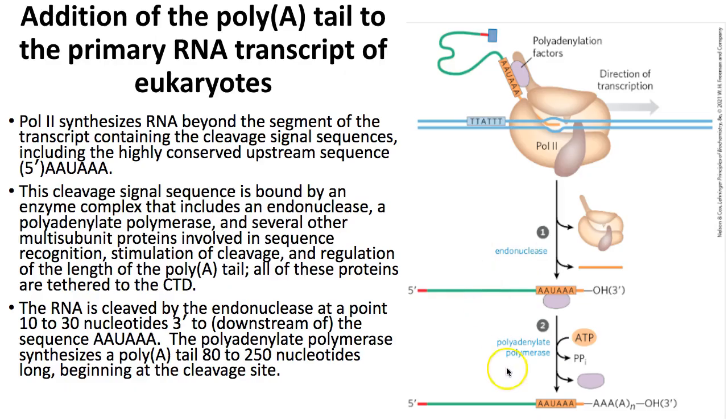Then from there, polyadenylate polymerase creates a tail for the RNA, where that polyadenylation factor is removed, and ATP helps promote this dissociation, and thus you end up with this sequence of nucleotides that will be part of the tail of the RNA. And that concludes the RNA metabolism.